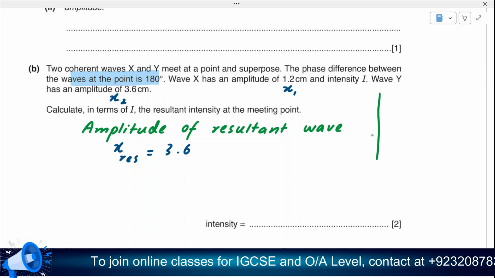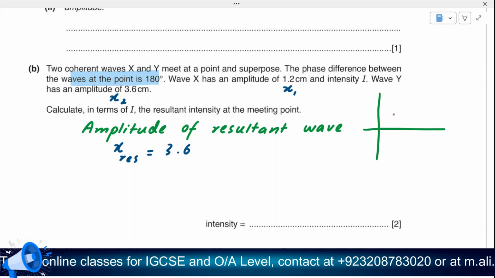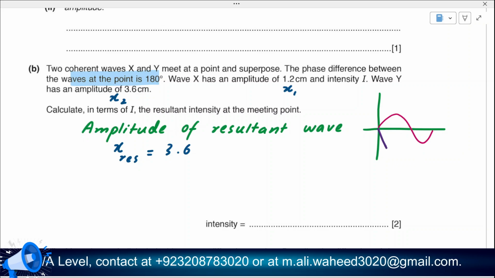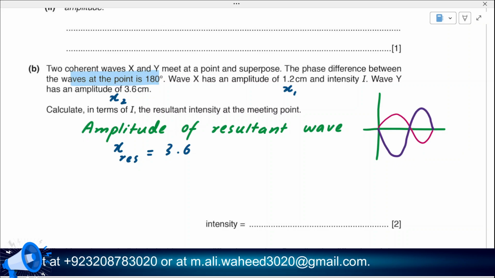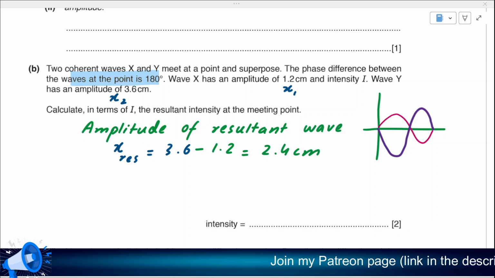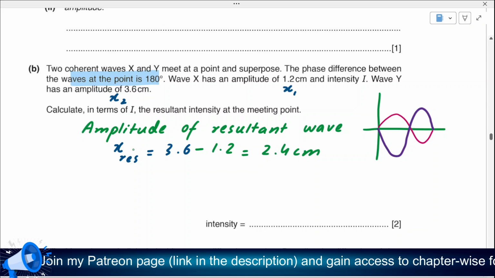Two waves with a phase difference of 180 will look something like this. If one wave is something like this, the other one would be like this. 3.6 minus 1.2, 2.4 centimeter. Now, what is the relation between the amplitudes and the intensity?